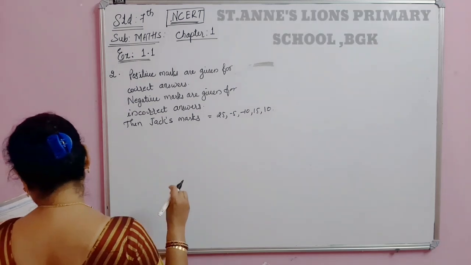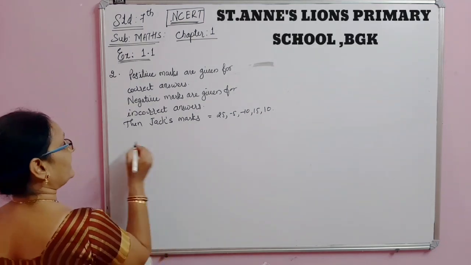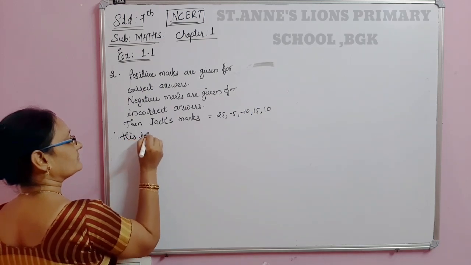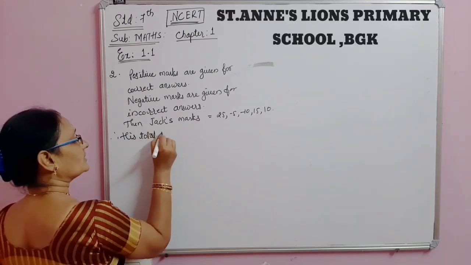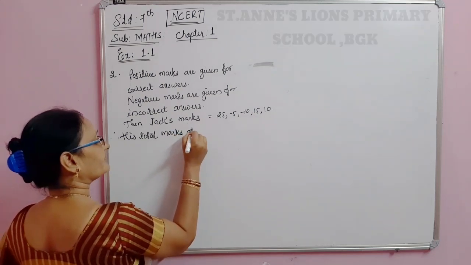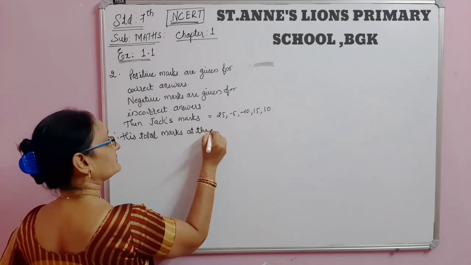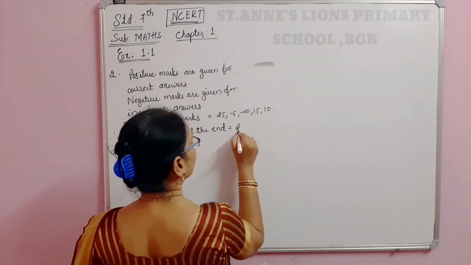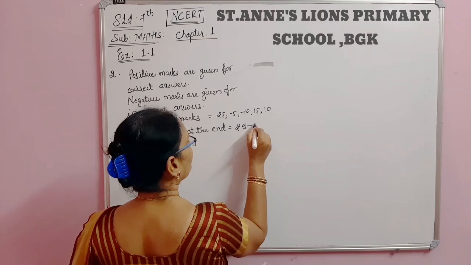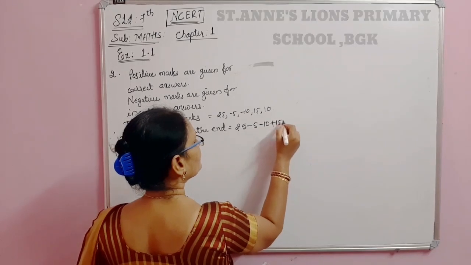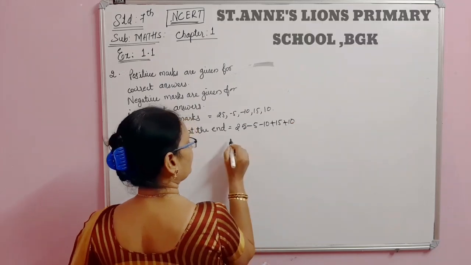Therefore, his total marks at the end is equal to 25 - 5 - 10 + 15 + 10.